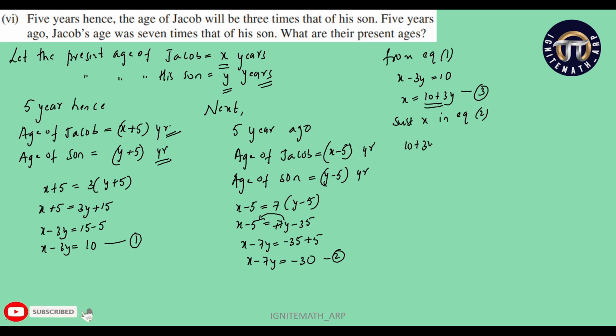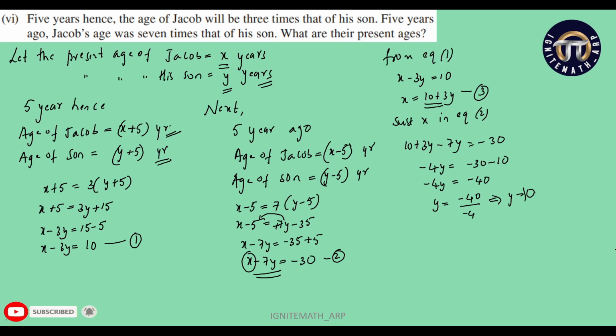So 10 plus 3y, look at equation 2 over here, minus 7y, because I have just replaced x by 10 plus 3y from equation 3, minus 7y is equal to minus 30. So what I'm going to get over here, minus 4y equal to minus 30 minus 10. Minus 4y is equal to minus 40. y is equal to minus 40 divided by minus 4. So I'm getting y is equal to 10.